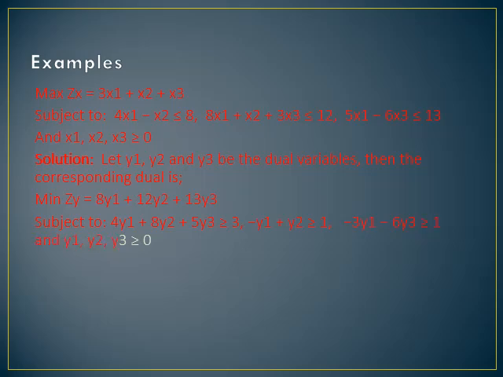The constraints of the dual are constructed in the following manner. The first vertical column of the primal constraints will be the first row of the constraints in the dual.